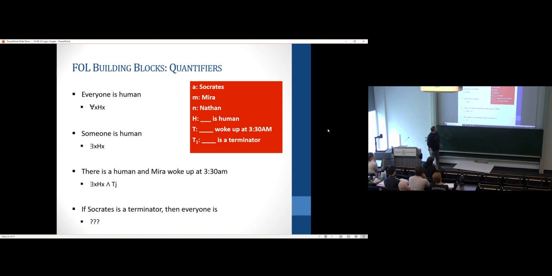And then our last one. If Socrates is a Terminator, then everyone is a Terminator. I put for all y, bracket T1a conditional T1y. Yeah, that's fine. An interesting one here is you can either have just the quantifier scoped only in the consequent, or put it in the front and have it scope the whole thing.